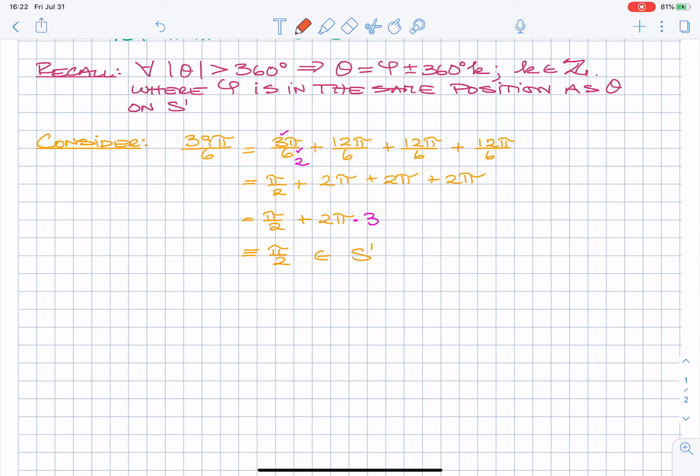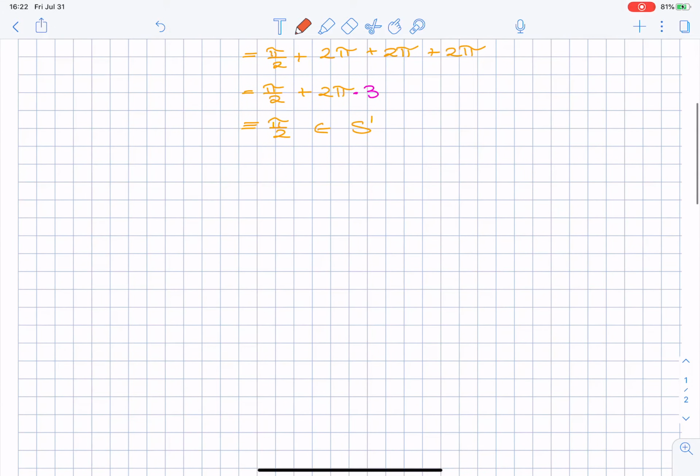Let's see another quick example. I did pi over 6 that time, so let's do 33 pi over 4. I claim that this is 1 pi over 4 plus 8 pi over 4 plus 8 pi over 4 plus 8 pi over 4 plus 8 pi over 4, that's 32, plus the 1 left over.